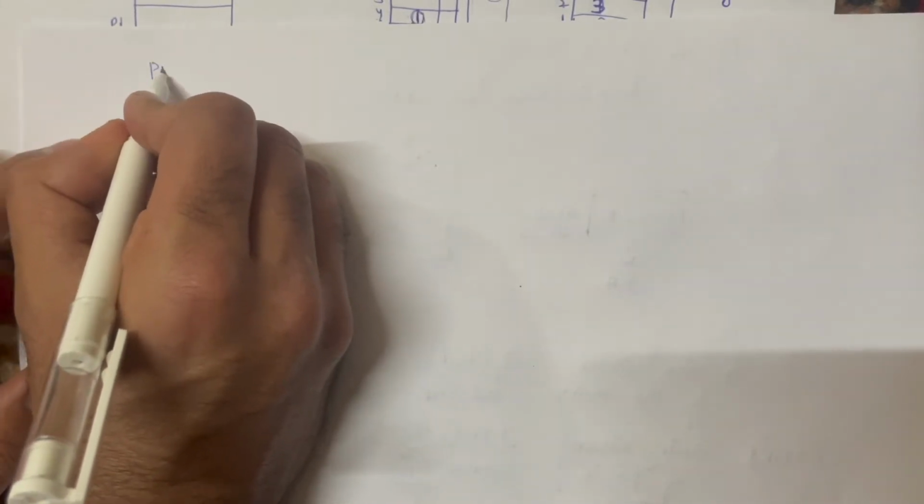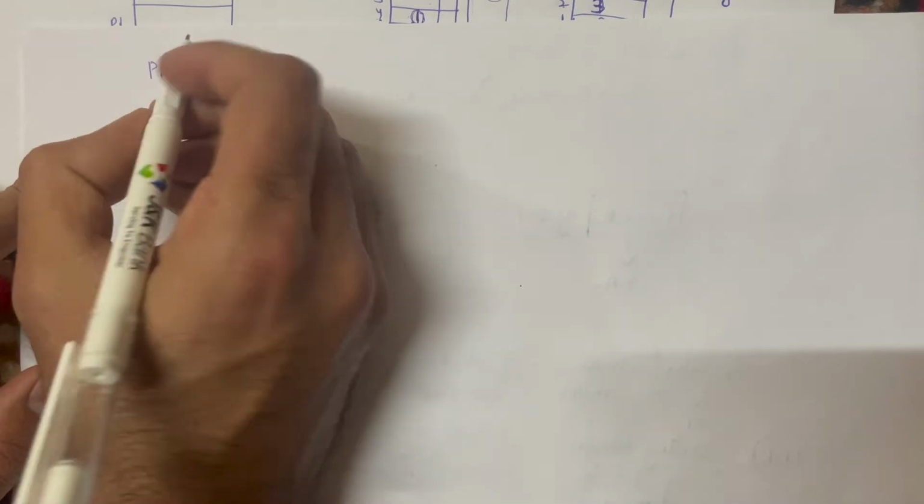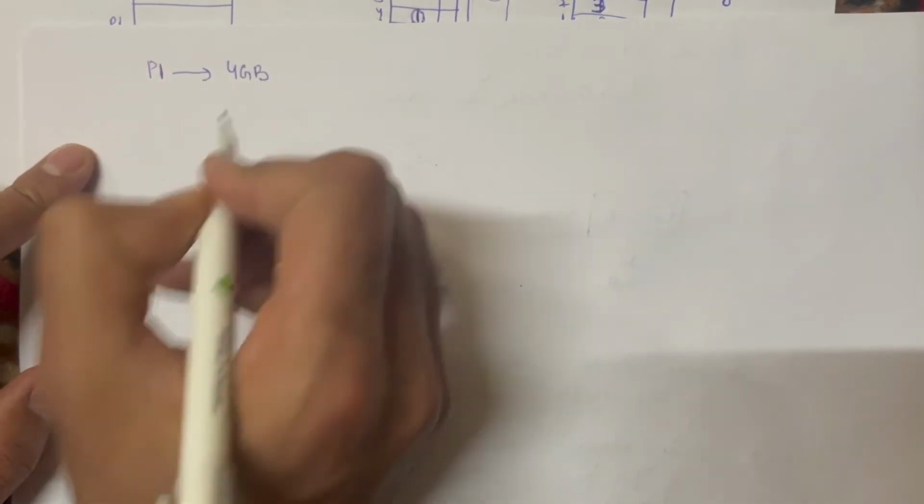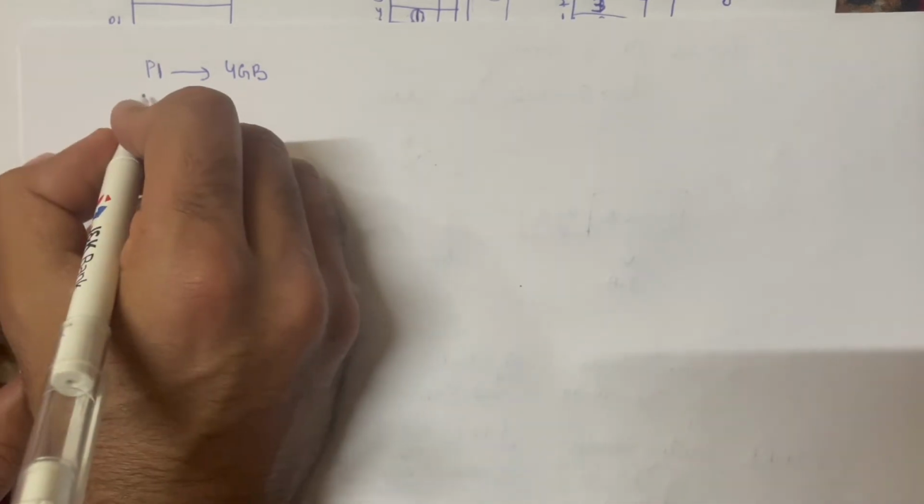Now let's see about this page table. Let's say I have a process P1. Let us calculate the size of the page table. Let's suppose it has a virtual memory of 4 GB. So what will be the address?